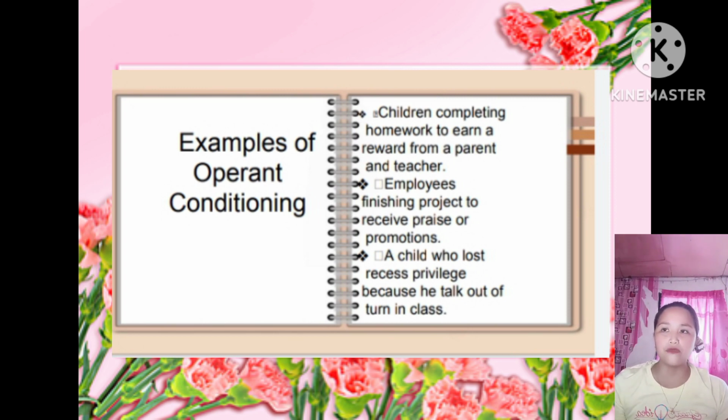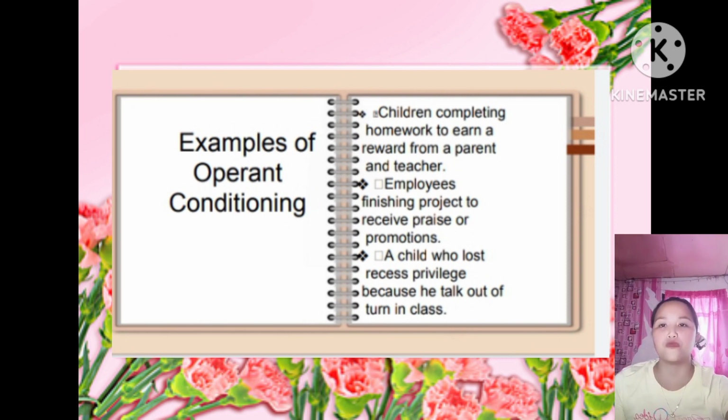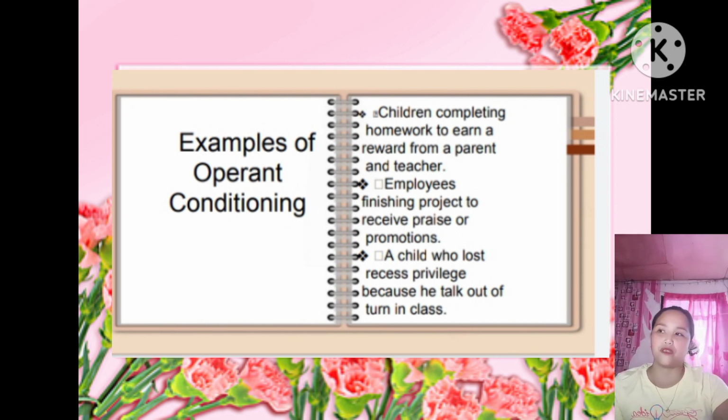Examples of operant conditioning: children completing homework to earn a reward from a parent or a teacher; employees finishing a project to receive praise or promotions; and a child who loses a privilege because he talked out of turn in class.